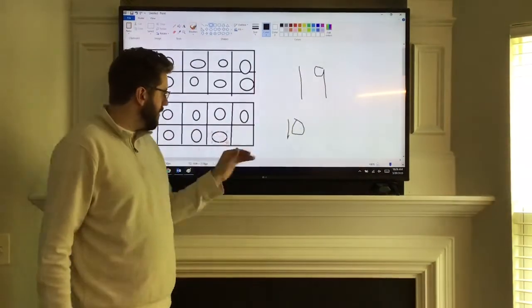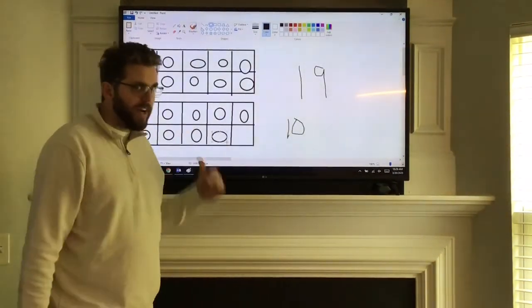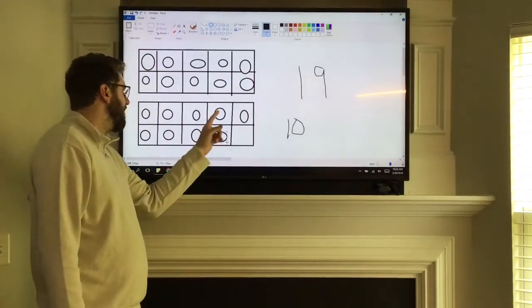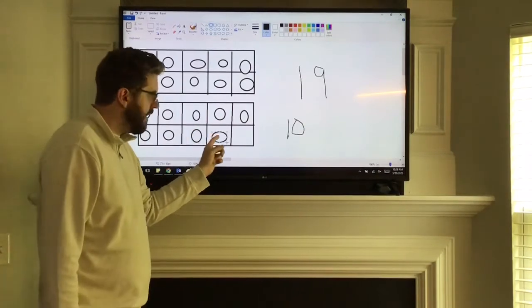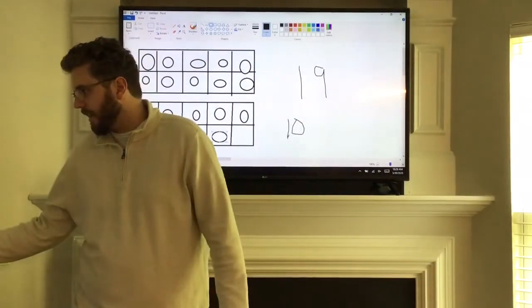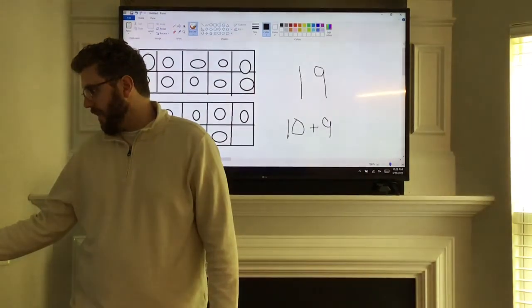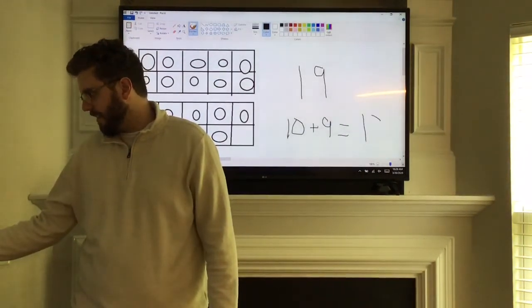That's the number I want to get to, so I'll stop. Now let's count how many we have in our second 10 frame. 1, 2, 3, 4, 5, 6, 7, 8, 9. So I can put my second part as 9. And we know that 10 plus 9 is 19.